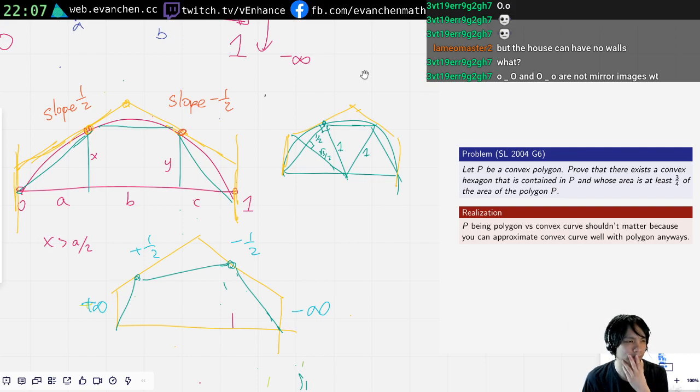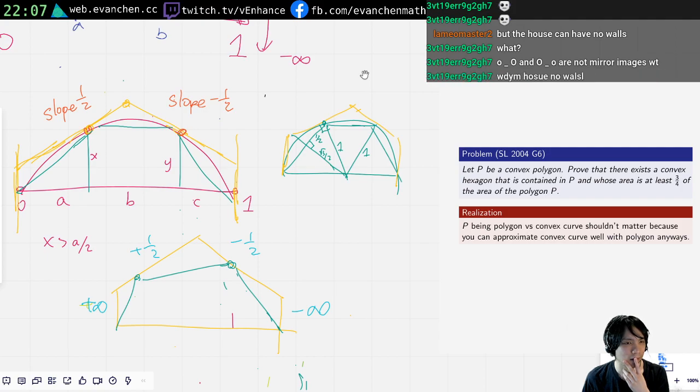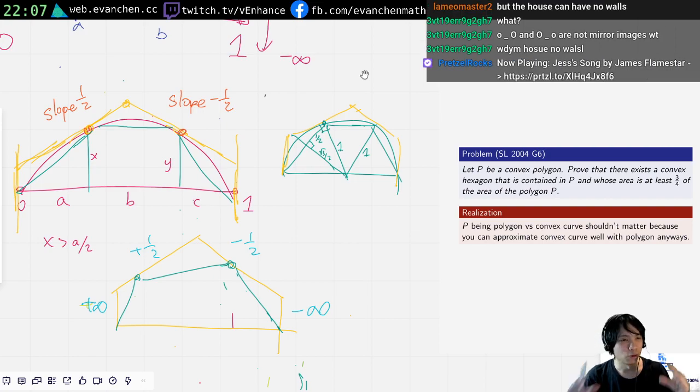Oh, shoot. Good point. The house could not have any walls, and then your green thing would. The walls could have height 0, and then you're in trouble.